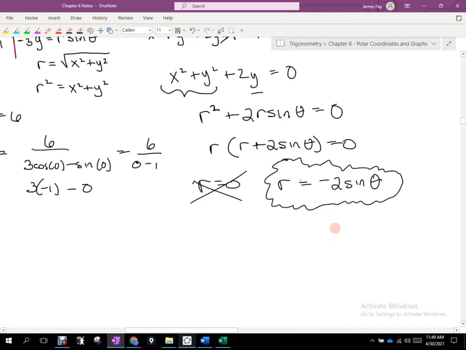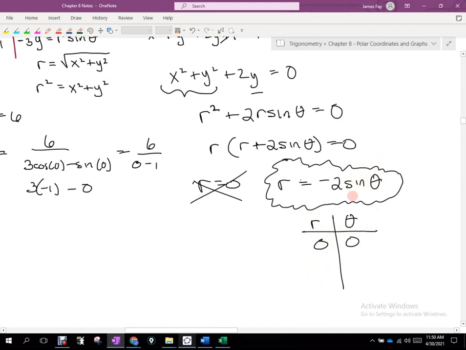Now, if I look at this, just kind of thinking about, well, why is this easier to compute? Like if I choose a theta value, let's choose theta to be 0. If theta was 0, okay, what's the sine of 0? Sine of 0 is 0, isn't it? Multiply by -2, you get 0.